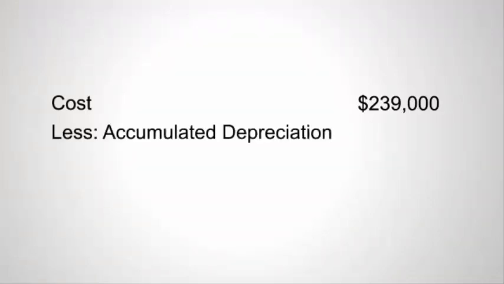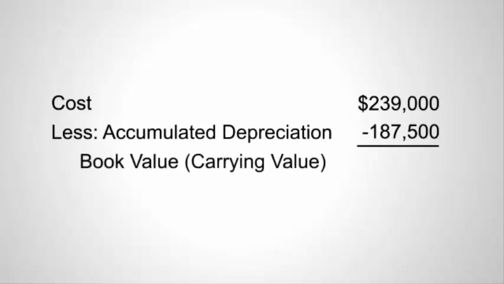Okay, so the question is, we've got assets with a cost of $239,000, less accumulated depreciation of $187,500, which gives us a net amount of $51,500.